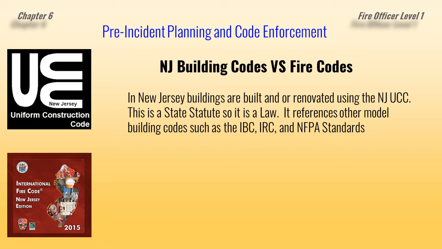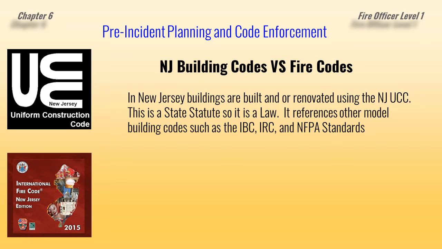So if it's a new building that's being built, it's going to be built under the IBC or the IRC. If we have a building that is already built and they want to do alterations, remodels, or additions, then the New Jersey Uniform Construction Code is the code that is referenced and applied to the remodels and additions and alterations of buildings.